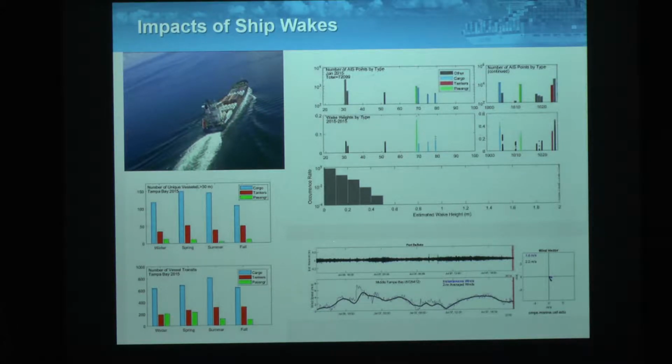This is funded through Tampa Bay Estuary Program in collaboration with U.S. Fish and Wildlife Service. So you can look at the types of ships, their seasonal distribution, and the actual energy of the ship wakes themselves.